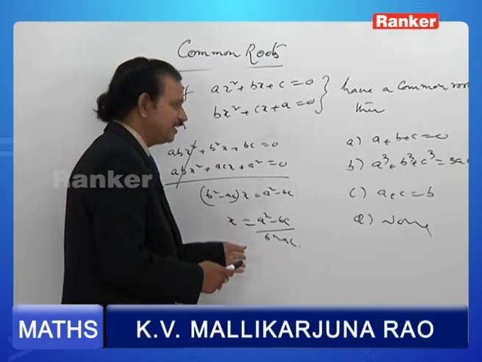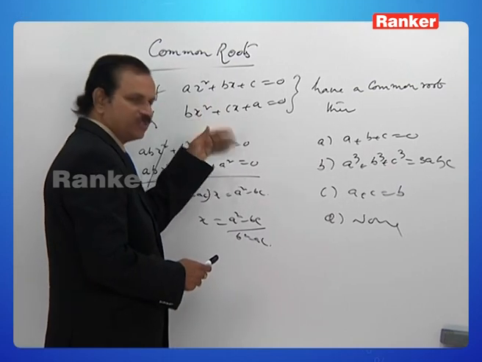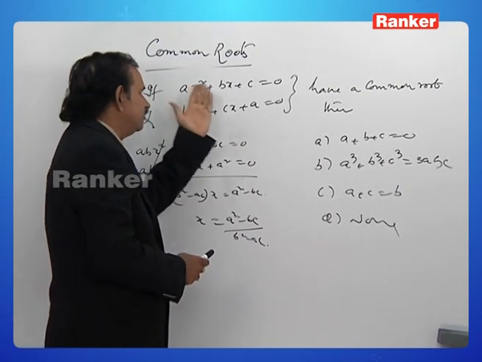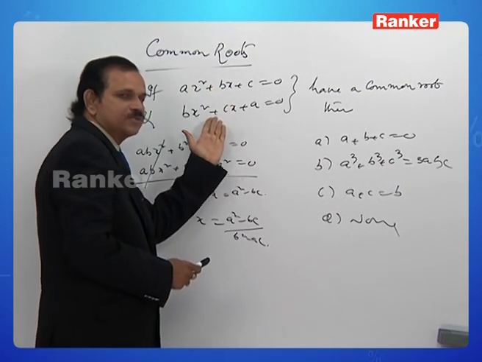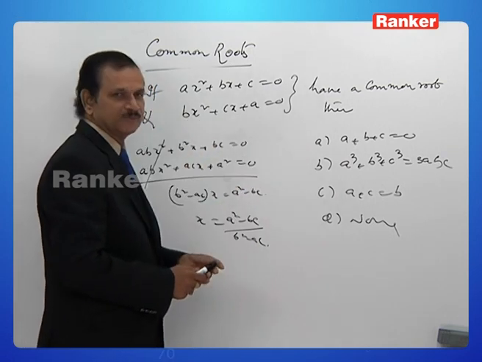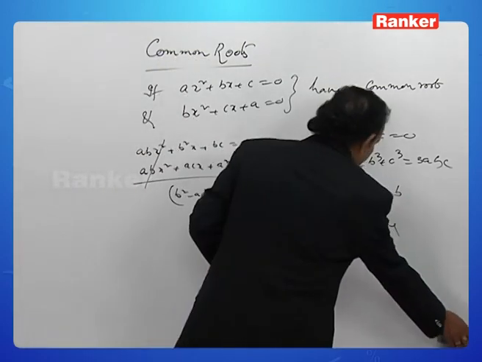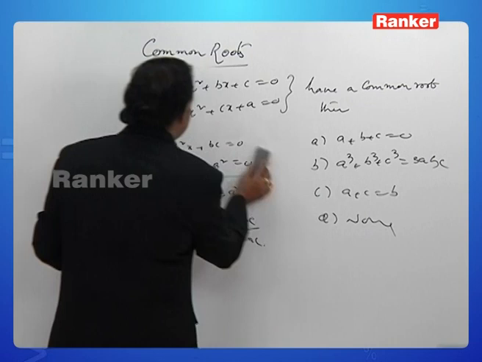This is one way of getting a common root. Rather than proceeding in this way, if x is 1, you can observe with intuition that this equation and this equation both will be satisfied with x equal to 1 provided a plus b plus c is equal to 0, then it has a common root. So in that way, that first option is correct.